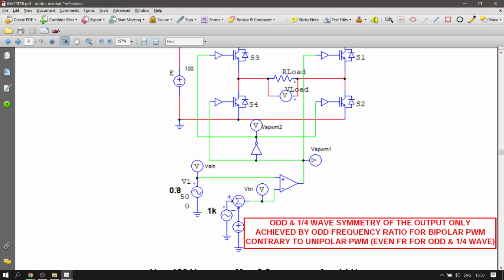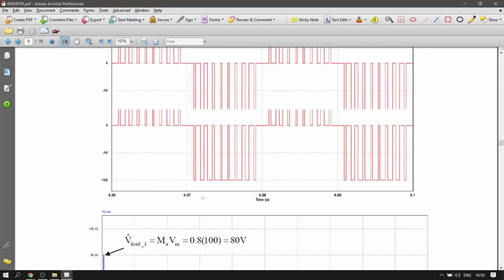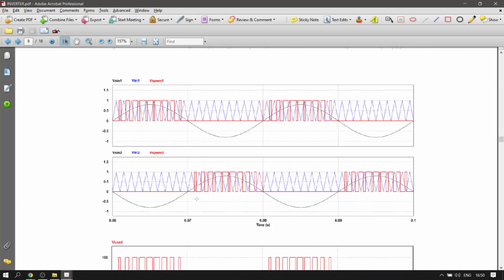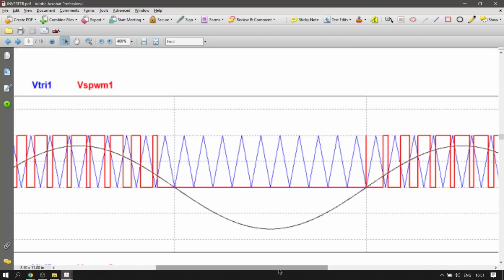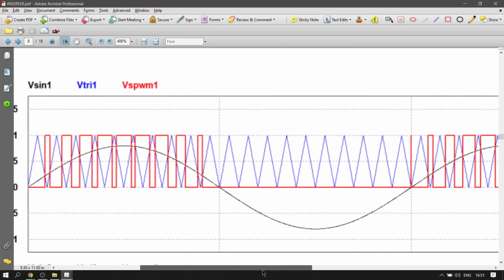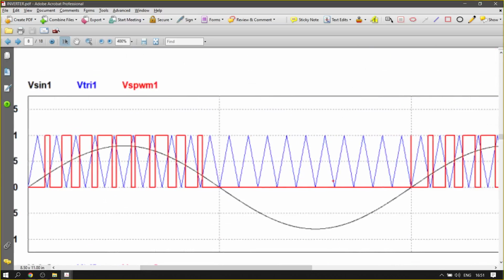Okay, so itu dalam simulation. In practical, sebenarnya kita kena calculate macam mana nak dapatkan ini. Kita kena calculate, betul-betul calculate macam mana nak dapatkan point-point ni. Kita tahu ini 250 degrees, isn't it?